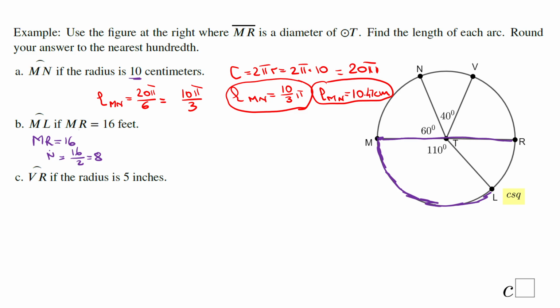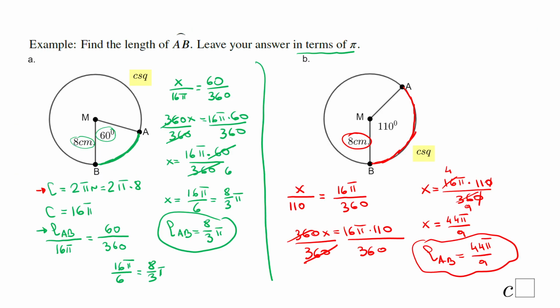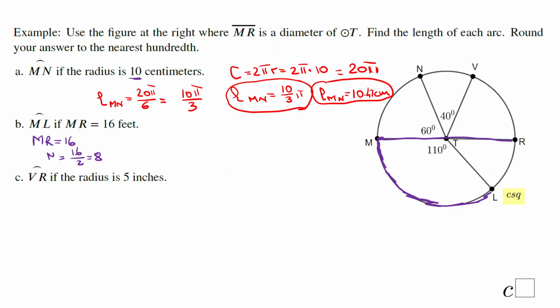Okay, so this problem is exactly what we did in the previous problem. You see, the radius is 8, the central angle is 110. So I'm just going to copy the answer from there. The length of arc ML will be 44 pi over 9. So no reason to do it again, it's the same math.